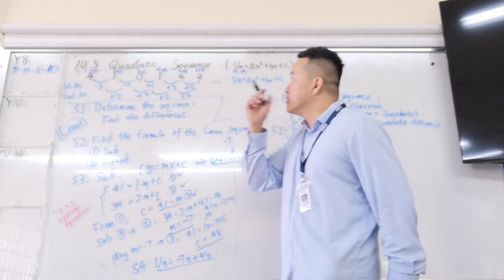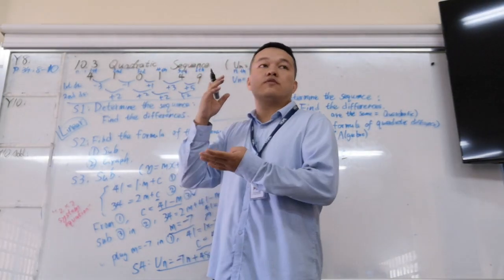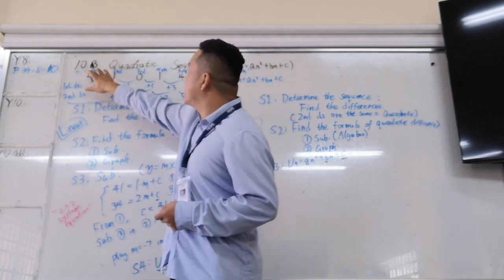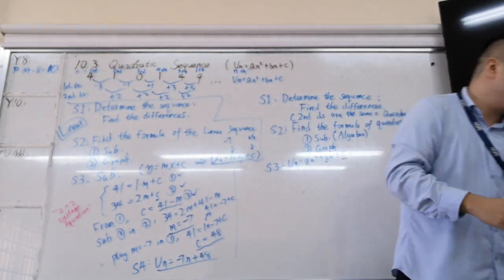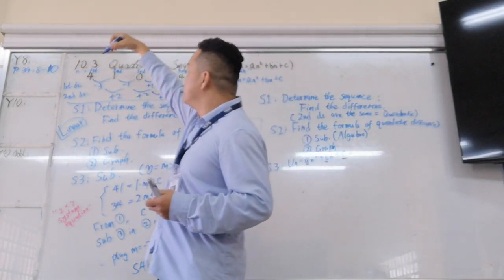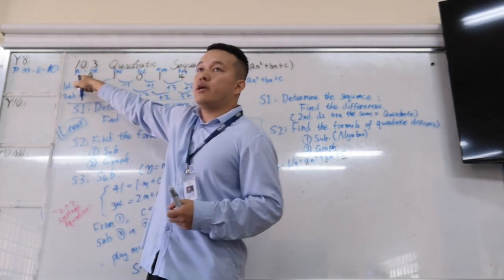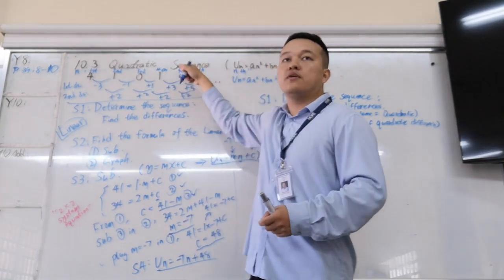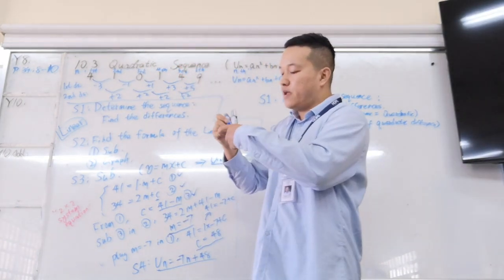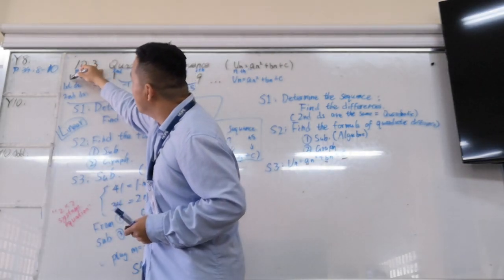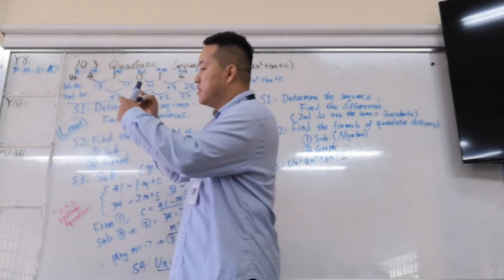You need 3. The blue n over here represents all the terms' positions, and I'm going to use the black to indicate the values of these terms.